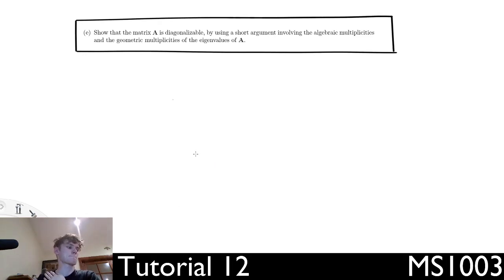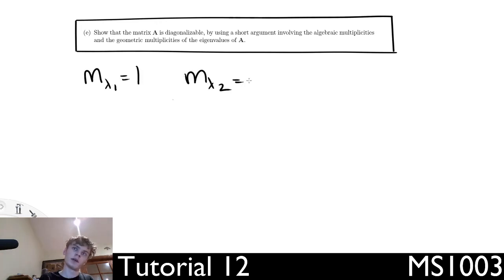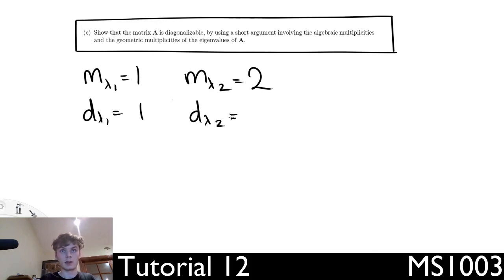So if we think about the algebraic multiplicity we had here, writing them all out now, on the top our algebraic multiplicity, not bottom, our geometric multiplicity.